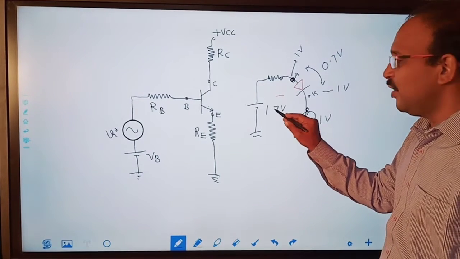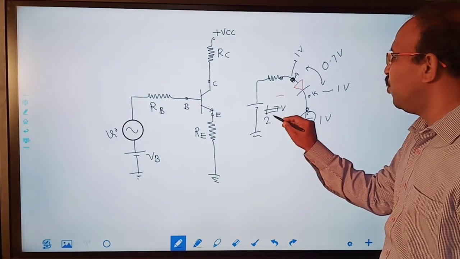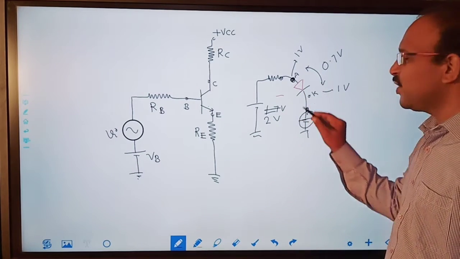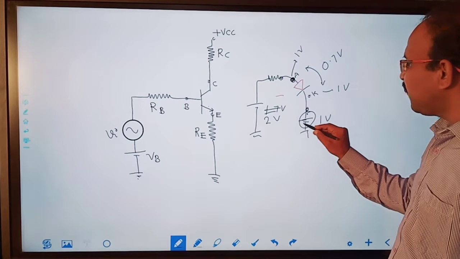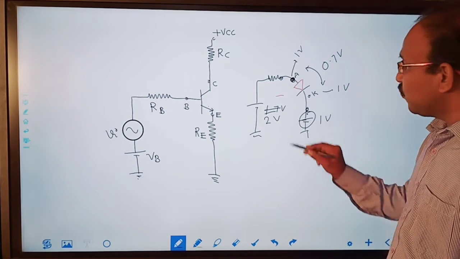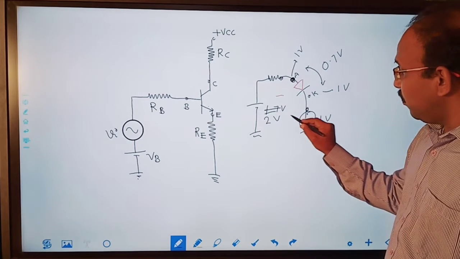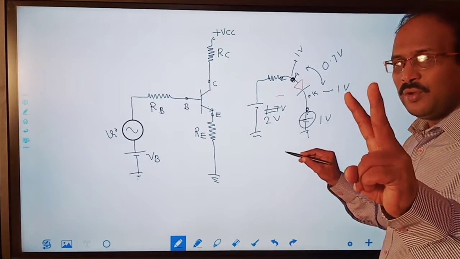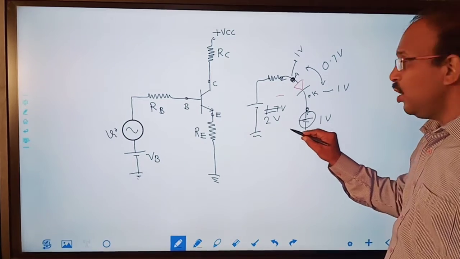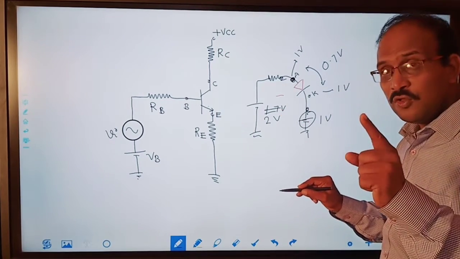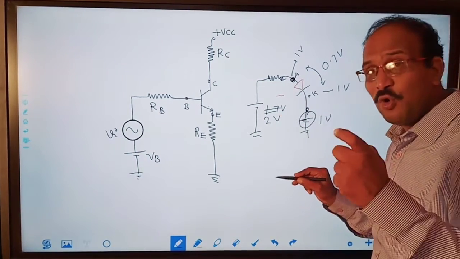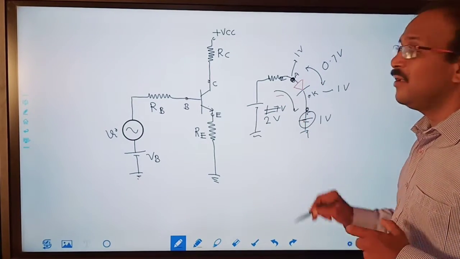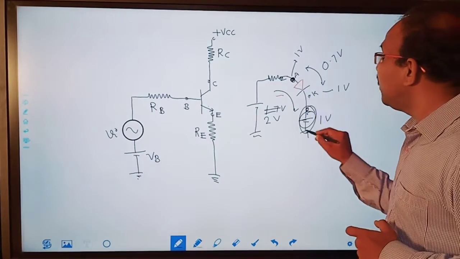Suppose here I give 2 volt, and the diode is conducting, and suddenly I apply a voltage here. If this is 0, then the potential difference is 2 volt. But if I connect here 1 volt, the potential difference is 1 volt. Because of the reduction of the active anode to cathode voltage, current will decrease. So this current depends on this voltage.